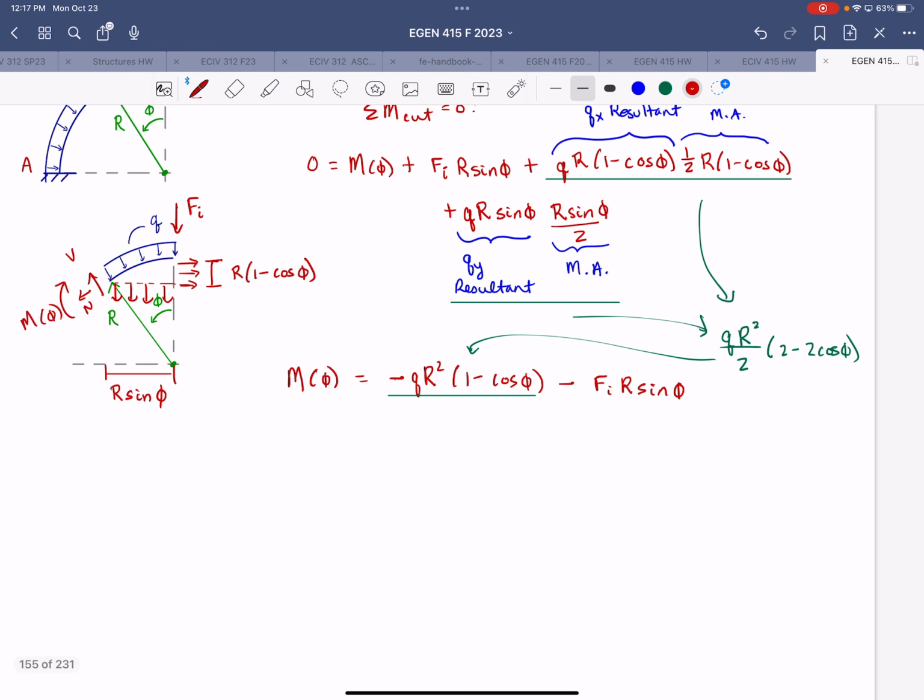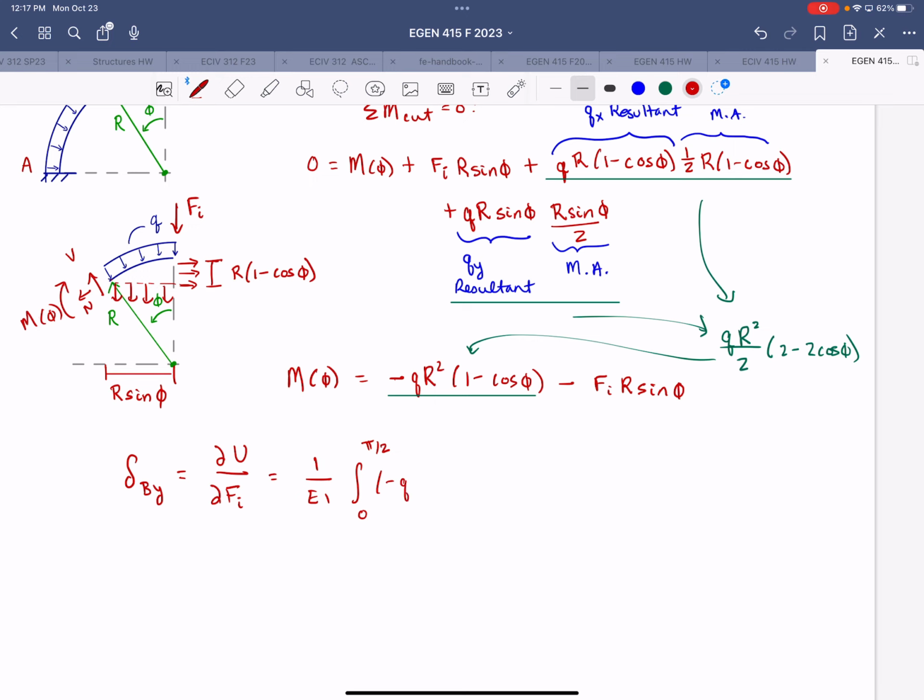So then we set up our integral for calculating the deflection at B. So we have the partial derivative of strain energy with respect to the fake point load. And that's equal to 1 over EI times the integral from 0 to pi over 2 of our moment equation.